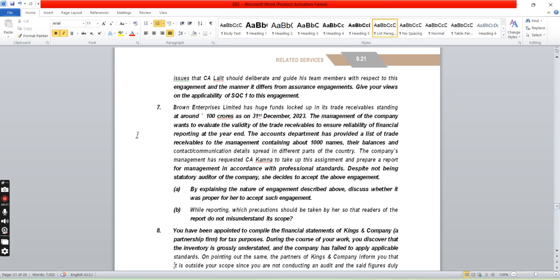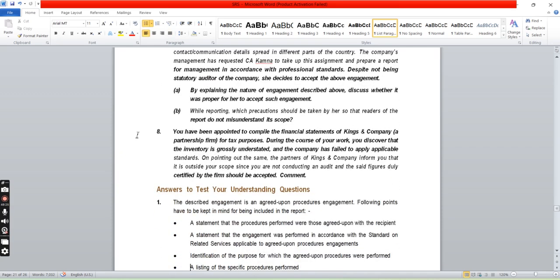The company management has requested CA Kamna to take up this assignment and prepare a report for management in accordance with the professional standards. Despite not being the statutory auditor of the company, she decided to accept the above engagement. By explaining the nature of the engagement, discuss whether it was proper for her to accept such an engagement. While reporting, which precautions should be taken by her so that the readers of the report do not misunderstand its scope?